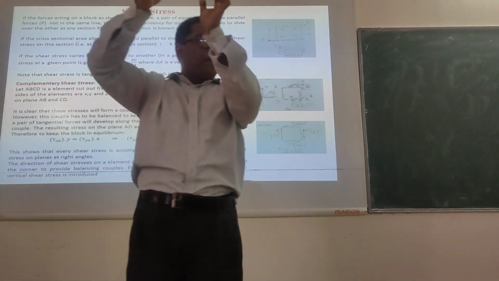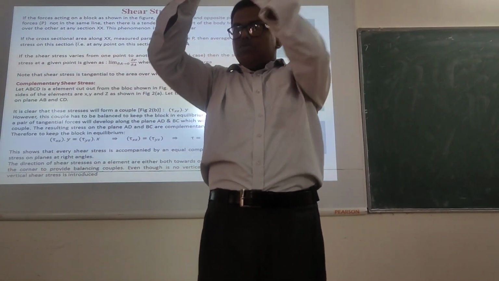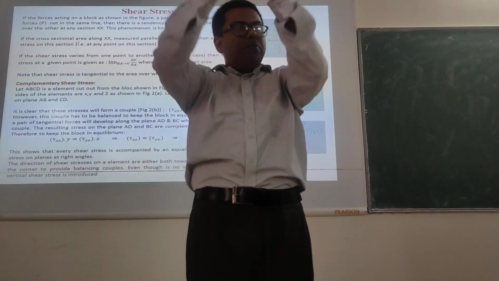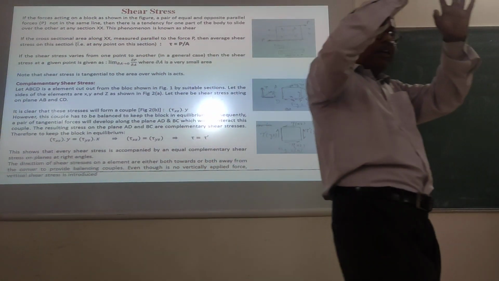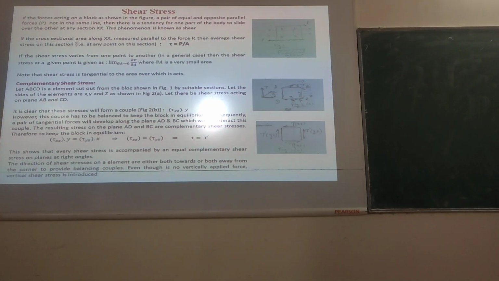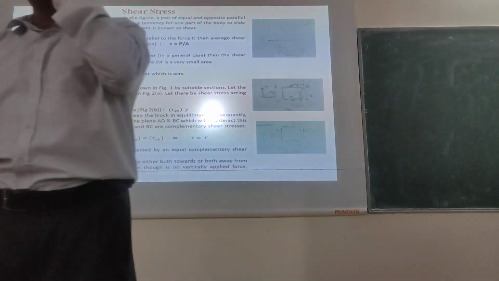So when there is a couple, there will be a tendency to rotate. A twisting kind of thing will be happening, right? However, we are studying strength of materials, deformable bodies, and we are considering the body must be in equilibrium. So how will the body remain in equilibrium?